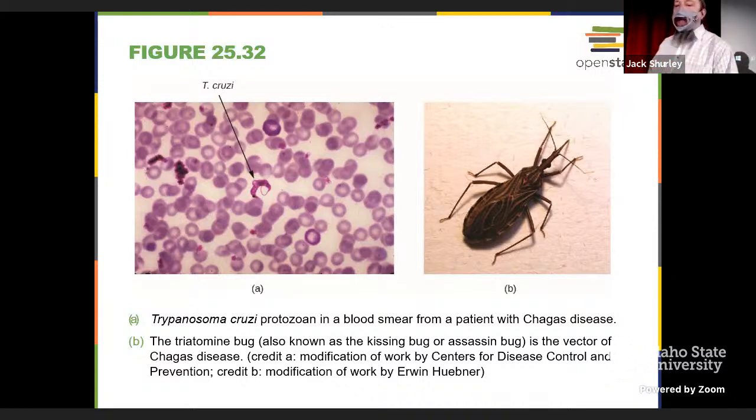It's pretty impressive. You may be asymptomatic and not recognize any ill effects for quite some time. And then we can also see the parasite causing destruction of nerve ganglia in the esophagus or in the colon, or potentially both, leading to issues with digestion.